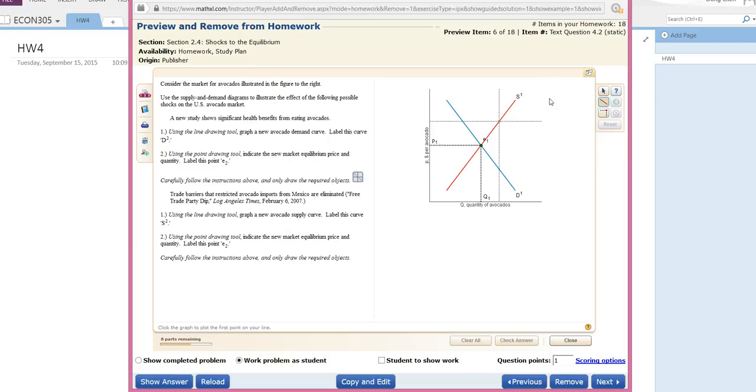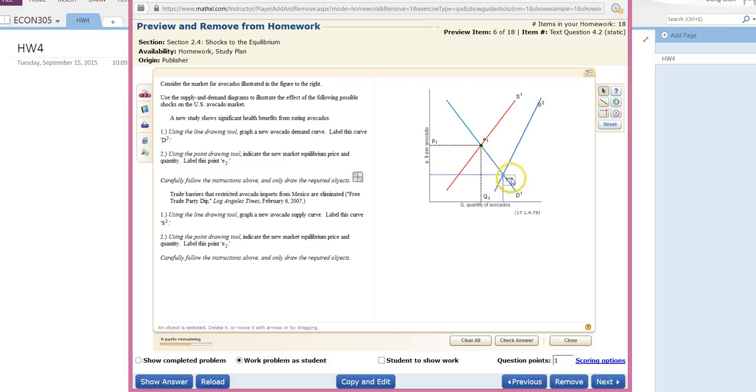Hence, let's draw a point here first. My first point, and since I said we don't have to draw parallel lines, let me just draw this for illustration purposes. You can see that we can do a quite flexible job. So this is the new supply curve S2, and the new equilibrium point is the intersection between the new supply curve and the original demand curve, because there's no demand shock.